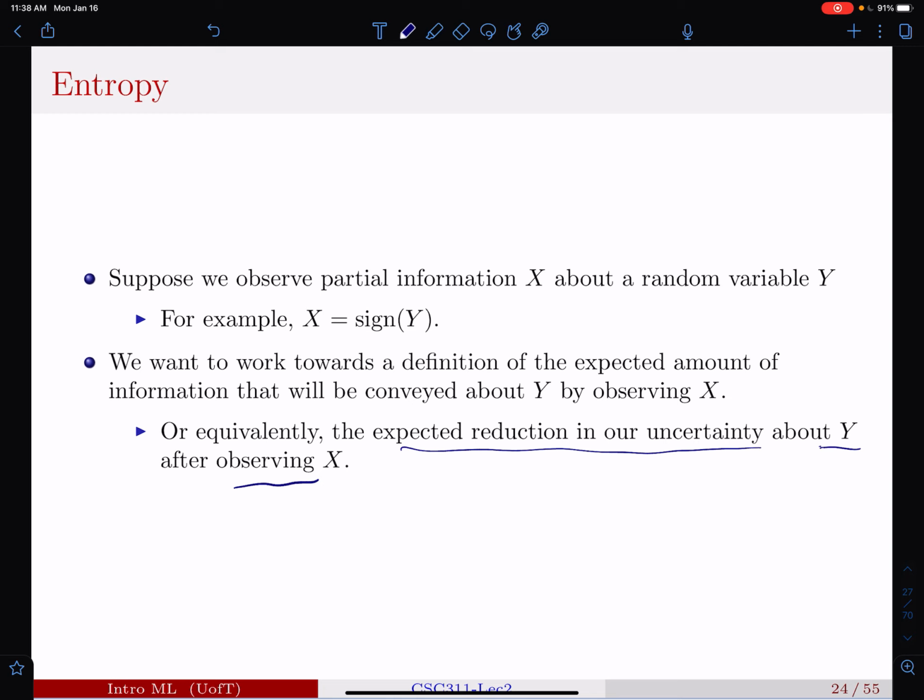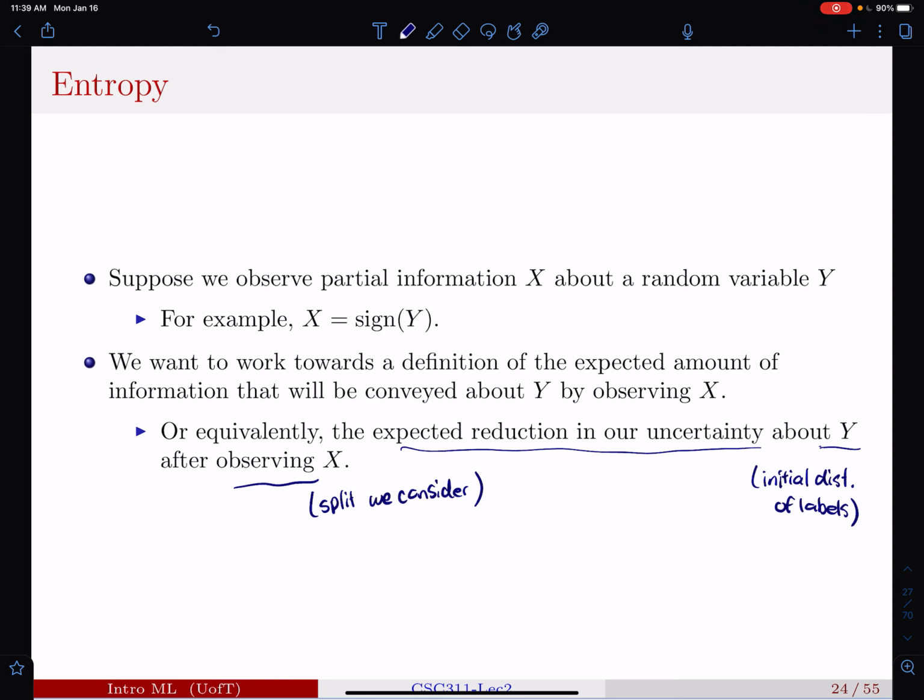You can think of y as our initial distribution of labels, and x is like a split that we're considering. This could be, in the earlier case, the height, whether or not it's less or greater than some threshold.